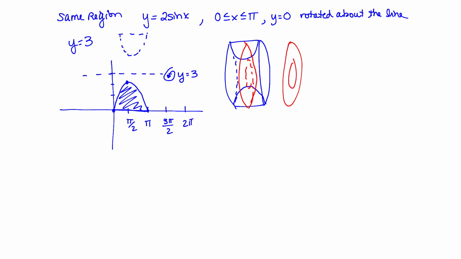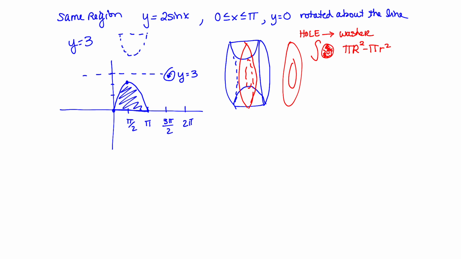We've got a hole in the middle, right? So a hole causes us, using the disc method, to become a washer. So what we're doing is adding up the areas of washers, and our formula is going to be pi big R squared minus pi little r squared, where big R and little r are the outer radius and the inner radius for that washer.